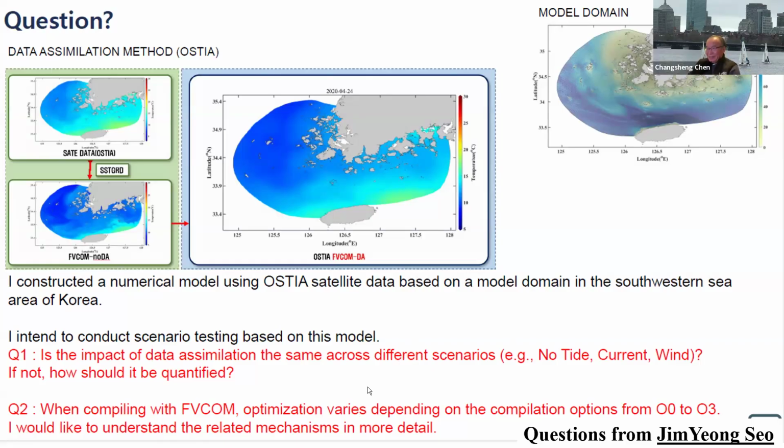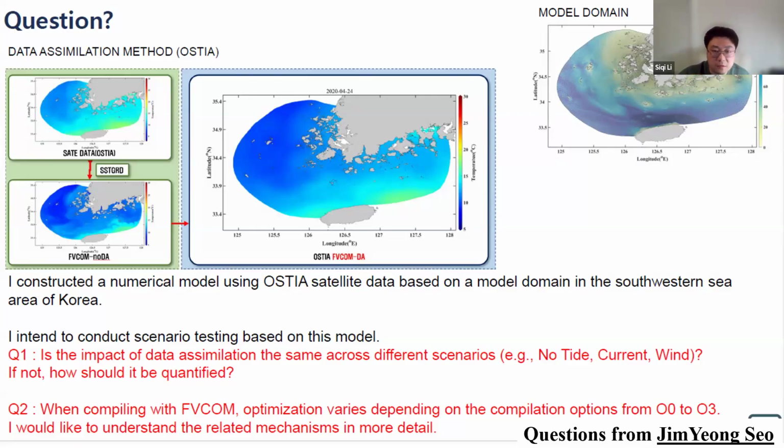For the second question, O0 to O3 are just different levels of optimization in the Fortran compiler, whether GFortran, Intel Fortran, or PGI Fortran. O0 is the lowest level of optimization, and O3 is the highest.